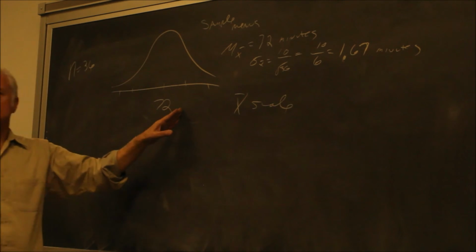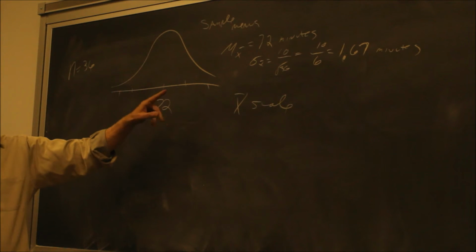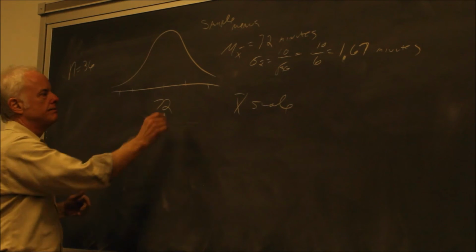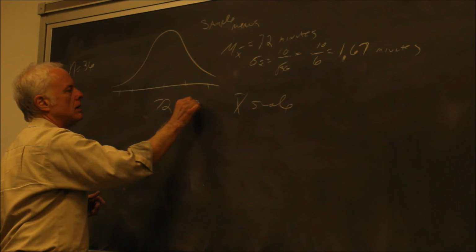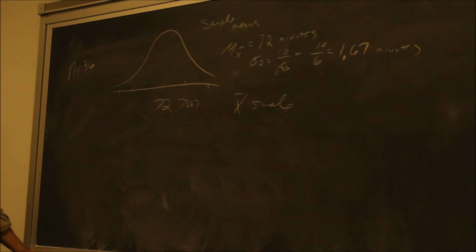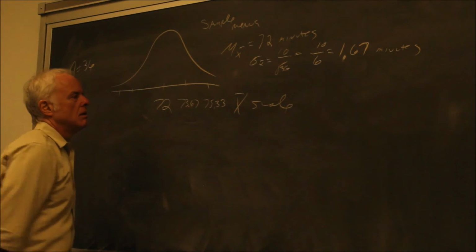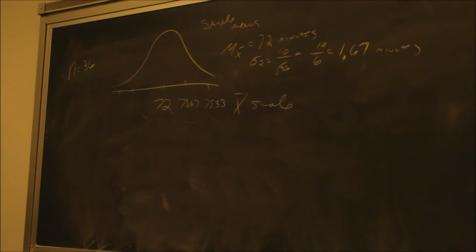If I were to go one standard deviation to the right with this distribution, how many minutes are we talking about? 73.67. If I go two standard deviations to the right, 75.33, right? Is that right? Yep. Okay.